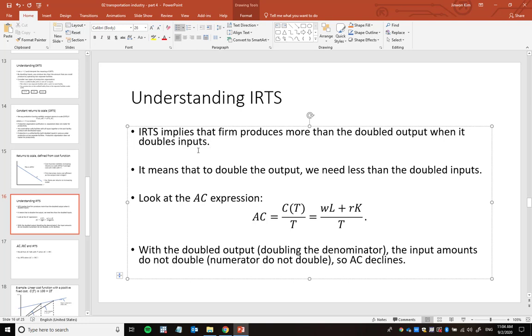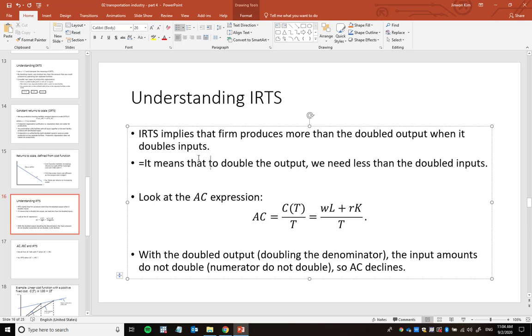It means that to double the output we need less than double the input, because it produces more than double the output when it doubles the inputs. So in other words, it becomes more productive as we increase its inputs. It means that to double the original output, we need less than double the original inputs.